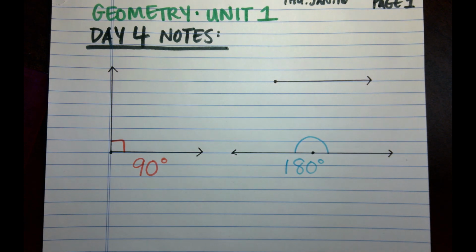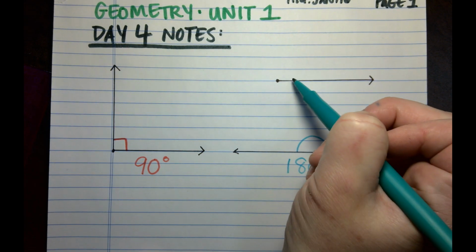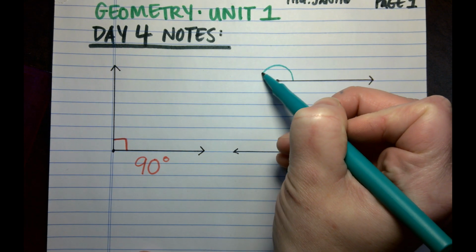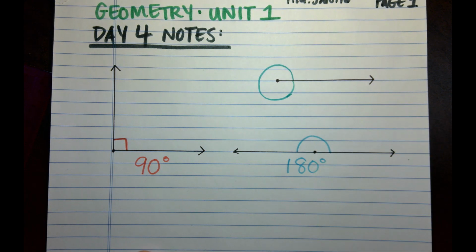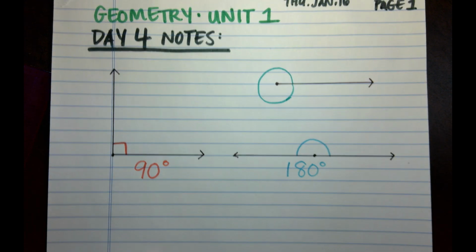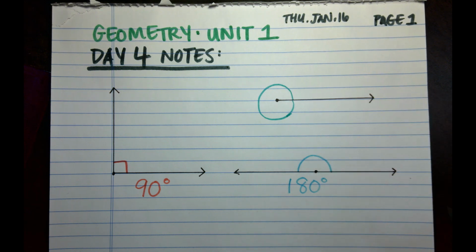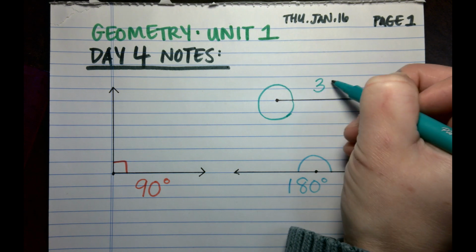So that's why it looks like there's just one line or one ray. There's really two, they're just overlapping. So we would mark it with this to show that it has rotated all the way around. And just like you said, Matt, this is 360 degrees.